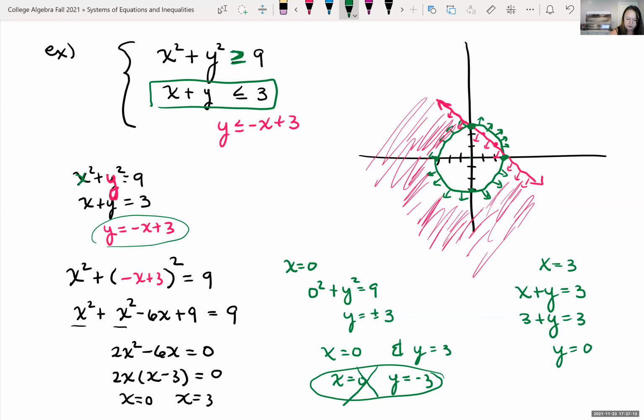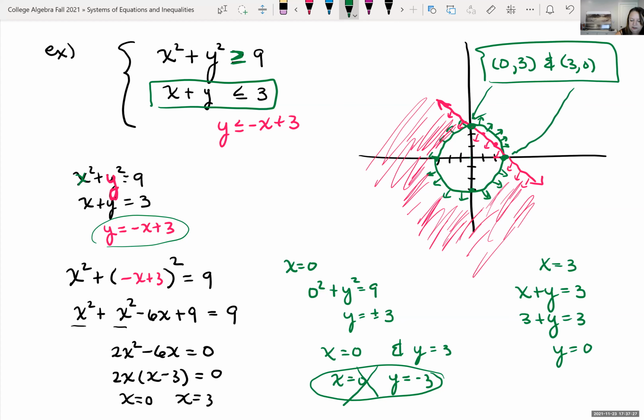So we have those two points, (0, 3) and (3, 0), and we showed it by solving algebraically. If it asked for the points of intersection, those are not the only solutions. But that would be a great test question because it shows me a lot of different things that you know how to do in one problem.